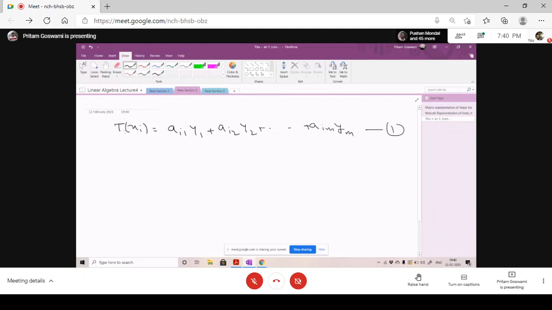You can write T xi as this because the yi's are basis elements of W, right? Yes, sir. Okay.